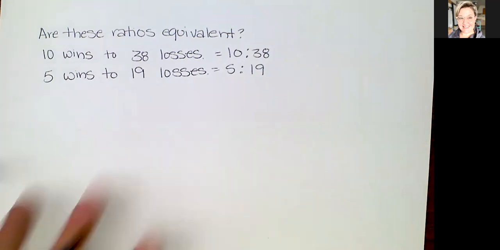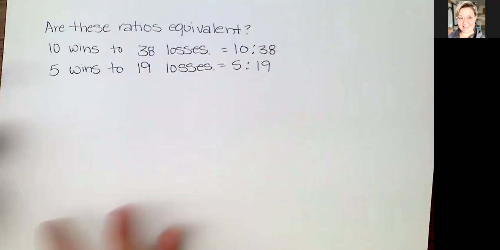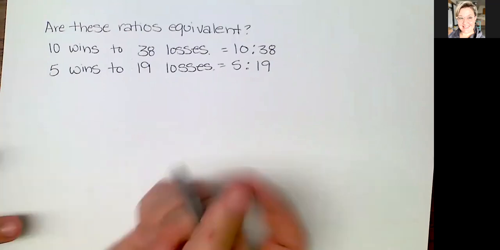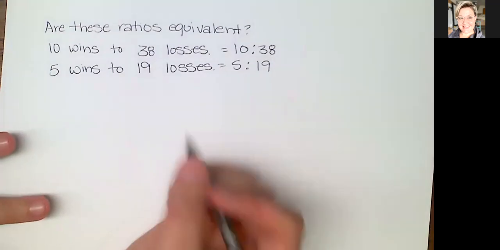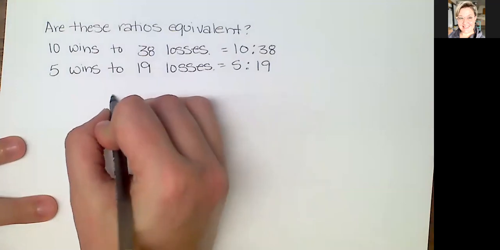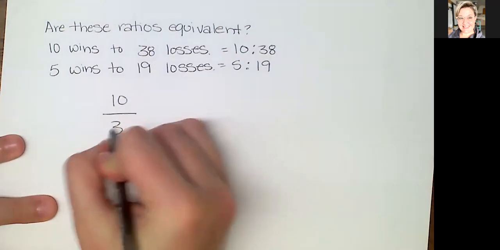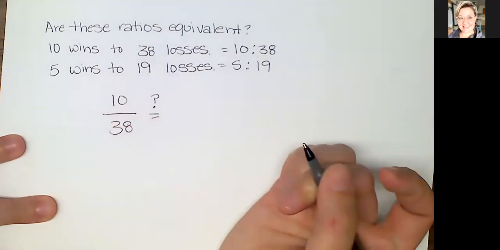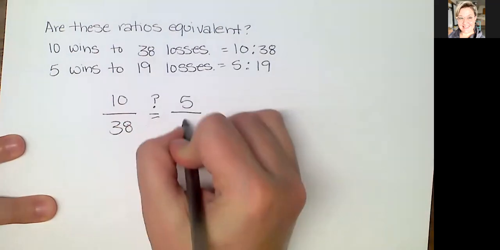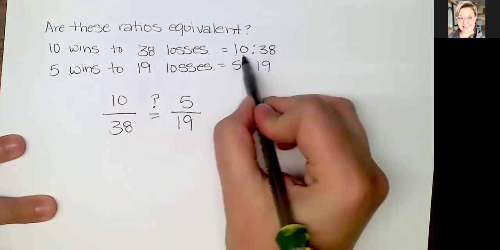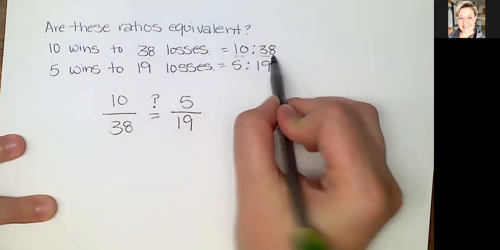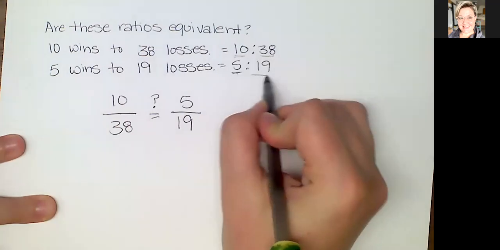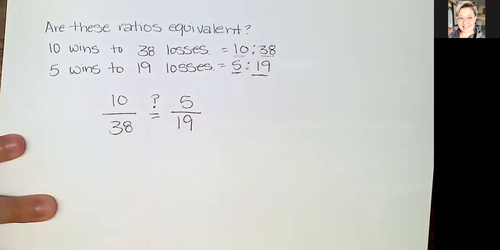And rather than write them multiple times, we're just going to write them so we can cross multiply right away. So we're going to write them here, 10 over 38. And we're deciding, is that equal to 5 over 19? So remember, the first number is the numerator and the second is the denominator. So we're going to write them as fractions.